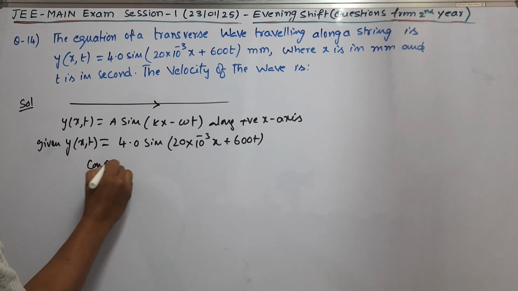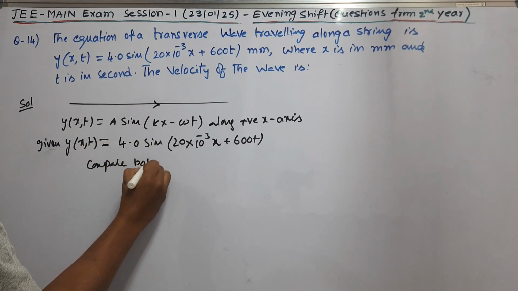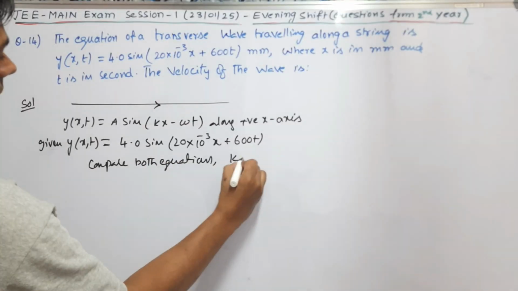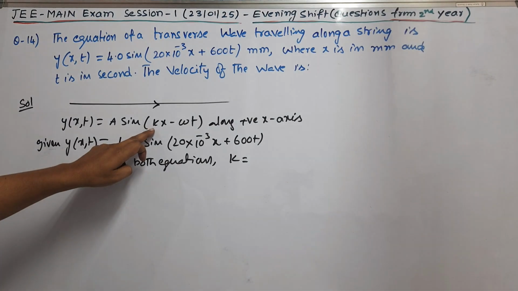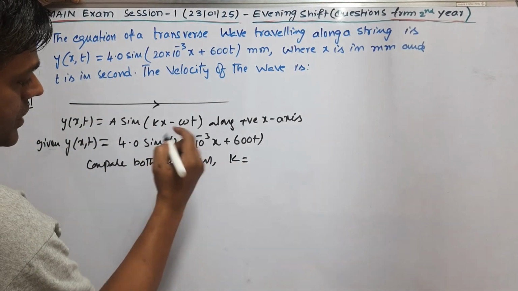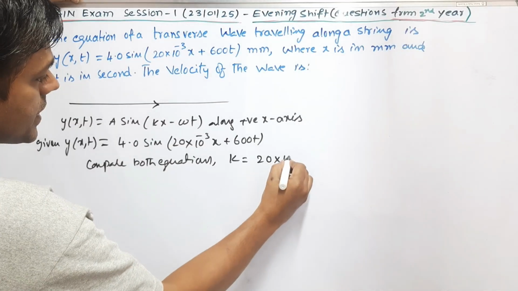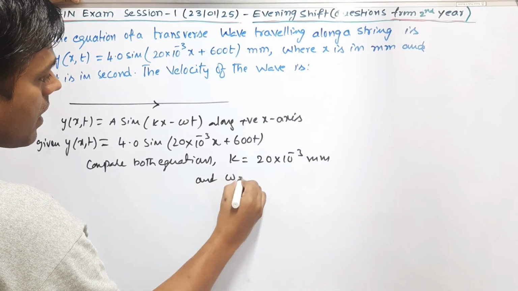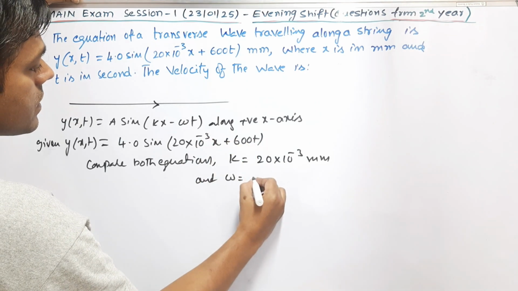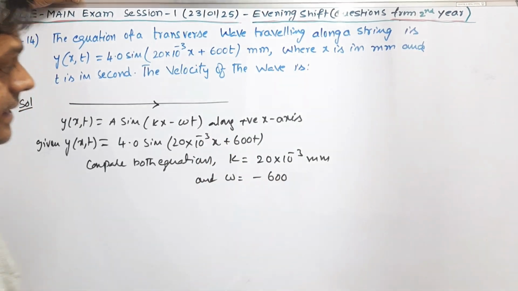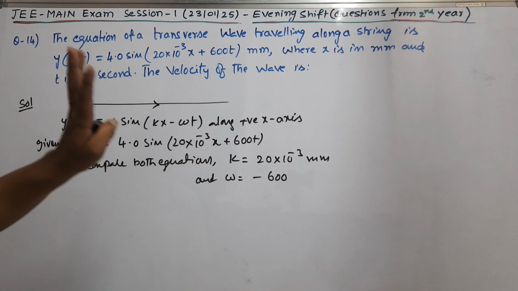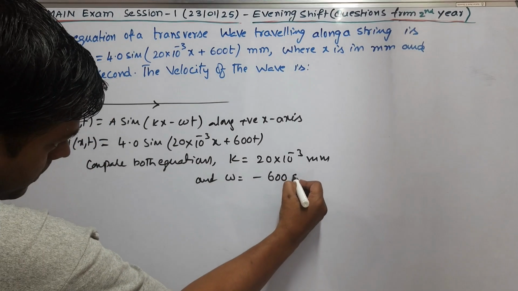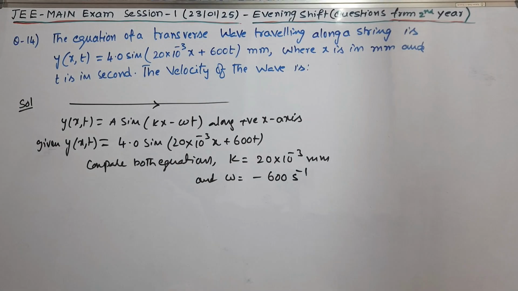Now, compare both equations, then we get k is equal to what? k is the wave constant, the propagation constant, that means 20 into 10 power minus 3 per millimeter, and omega is equal to minus 600 radians per second, right.